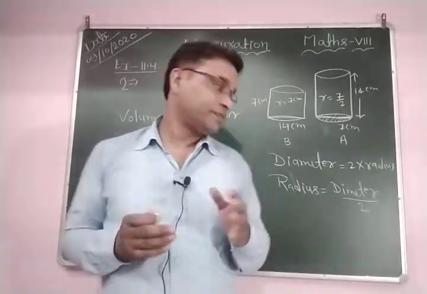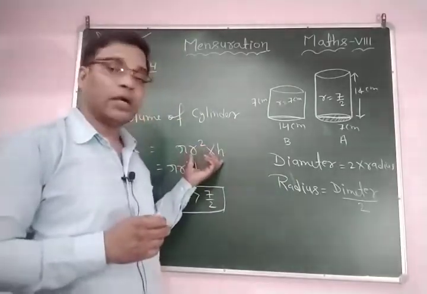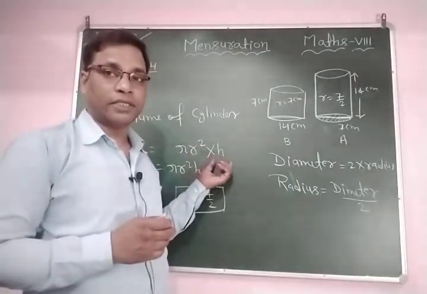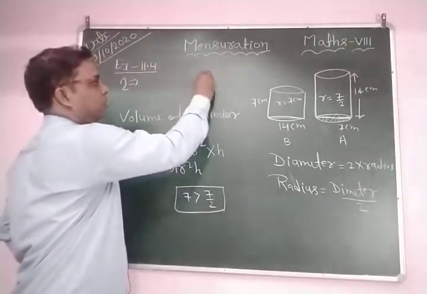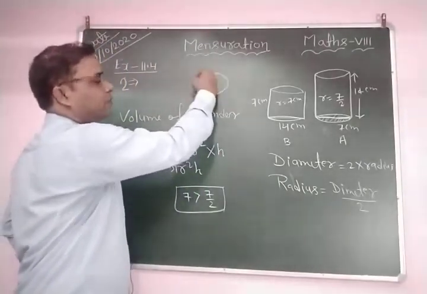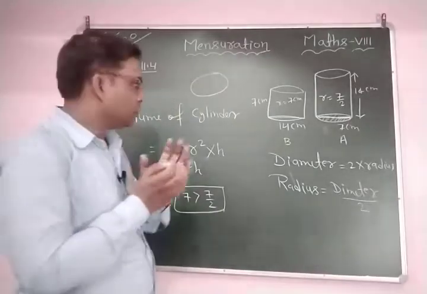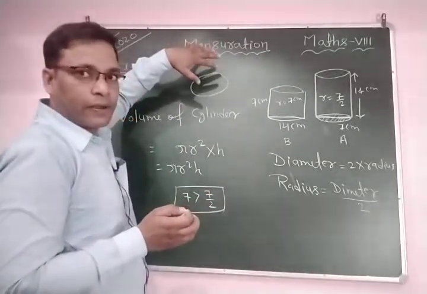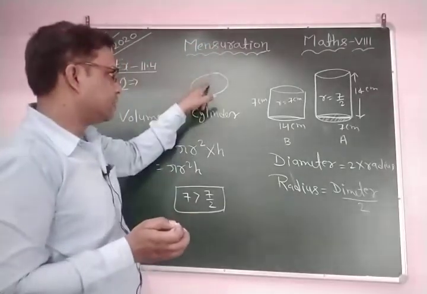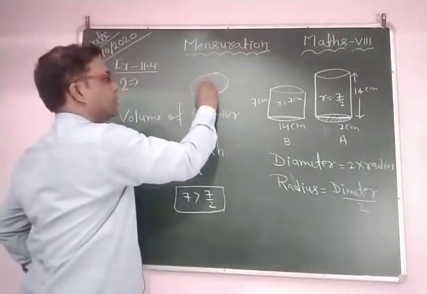So first we discuss how to find the volume: pi r square h. Because r square means pi, this is a circular shape. If you put a lot of circular shapes at h height, then the area of this shape is pi r square.